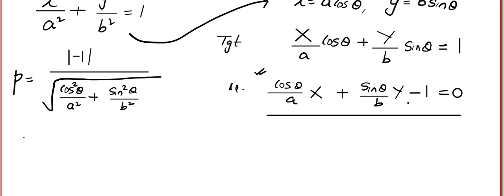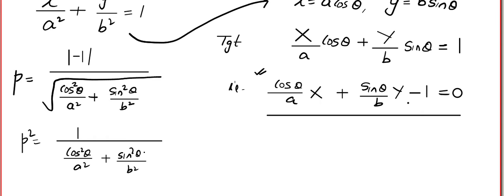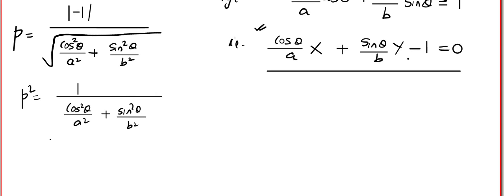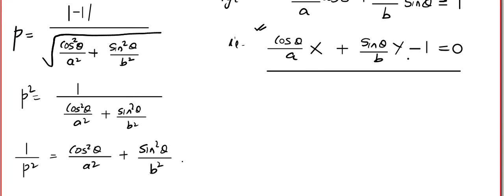So squaring, p square is equal to 1 divided by cos square theta by a square plus sin square theta by b square. That is 1 by p square is equal to cos square theta by a square plus sin square theta by b square.